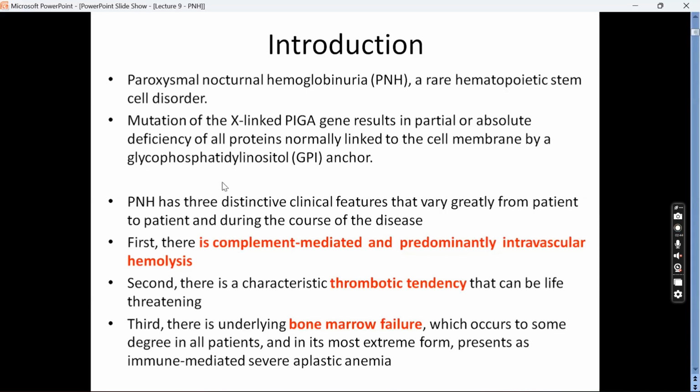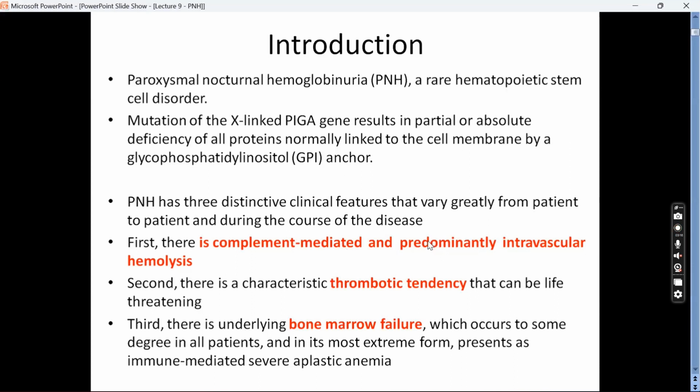Now, PNH typically presents with a triad of clinical features. One is that patients present with intravascular hemolysis, which is complement mediated. These GPI-linked proteins, like CD55 and CD59 on RBCs, have a protective role to save the RBCs from complement mediated lysis.